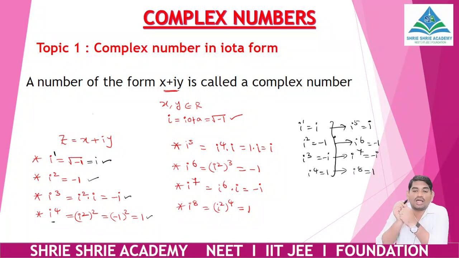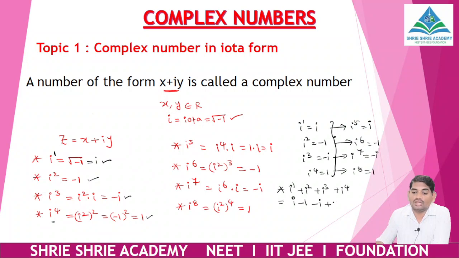Suppose you want to add the first 4 numbers: i power 1 plus i power 2 plus i power 3 plus i power 4. If we add all these 4, i power 1 is i only, i square is minus 1, i cube is minus i, and i power 4 is 1.